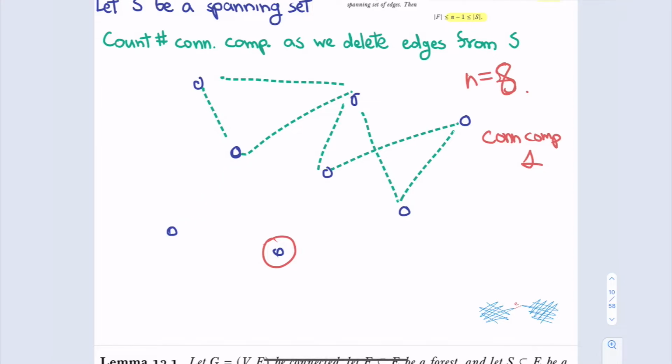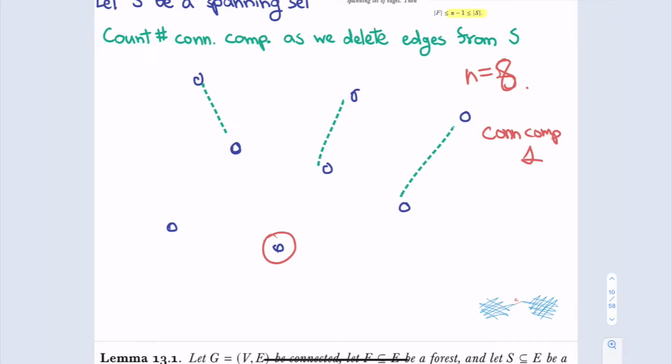But now we're up to 3. Still the same number of connected components. Now we're up to 4. Still the same. Up to 5 connected components. 6, 7, and 8.